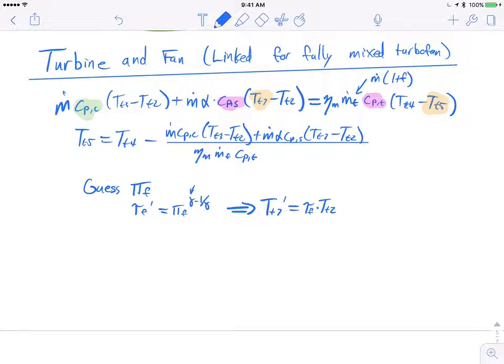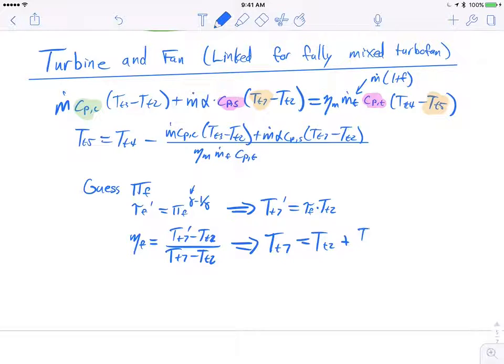And then we can also bring in our definition of the fan efficiency, which again is going to be our ideal temperature change over the real temperature change. We can then calculate Tt7 by reorganizing this equation. Say Tt7 is going to be equal to Tt2 plus Tt7 prime minus Tt2 over our fan efficiency.